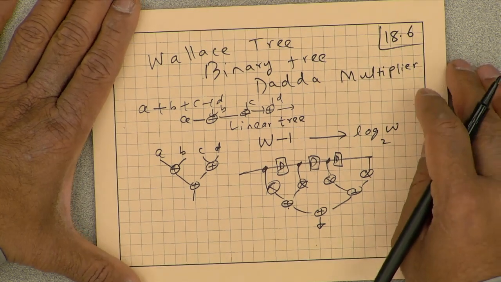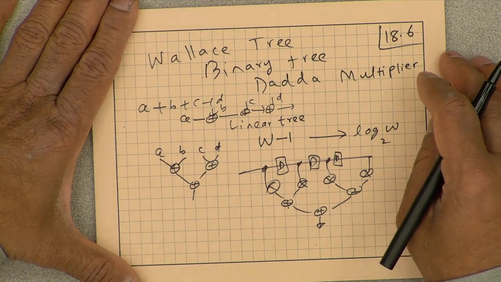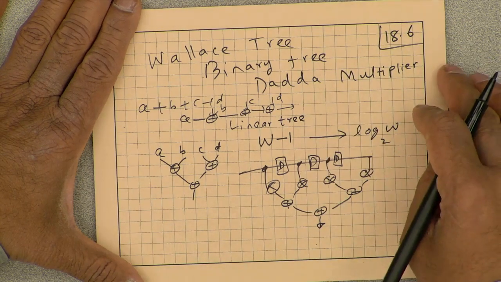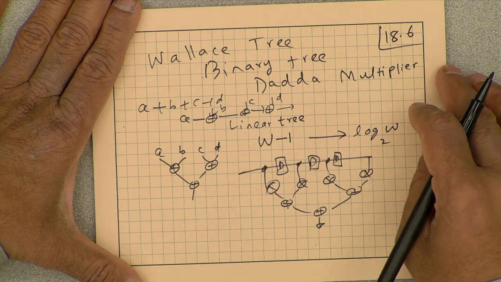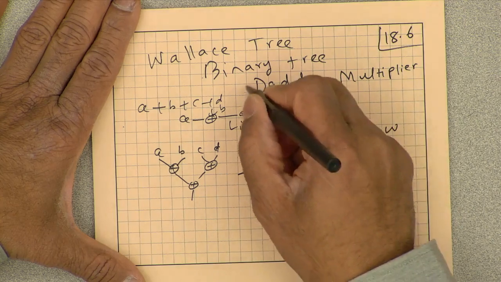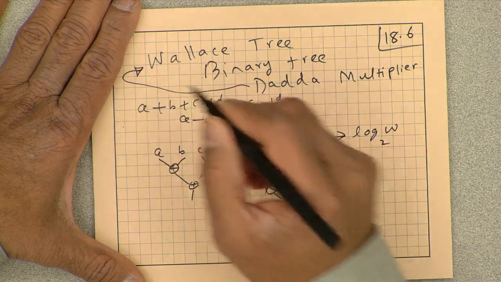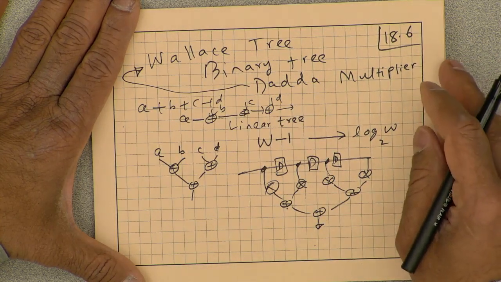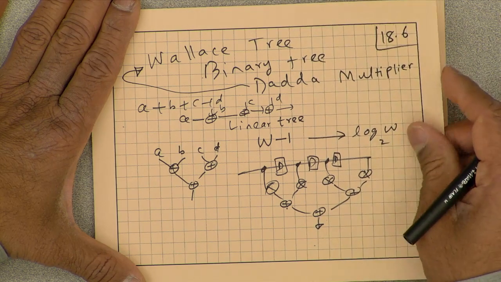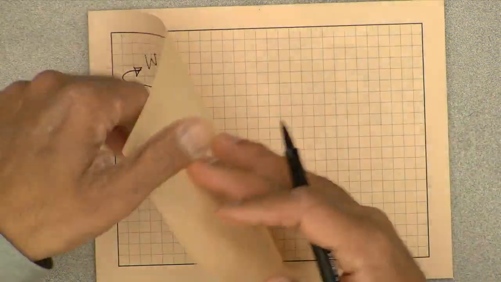He has passed away, but the so-called Dadda multiplier has been existing for a long time, but it has no regularity, so that's why people use the Wallace tree, which is more regular. Okay, so what are the essential ideas in tree multipliers? What does a binary tree do?